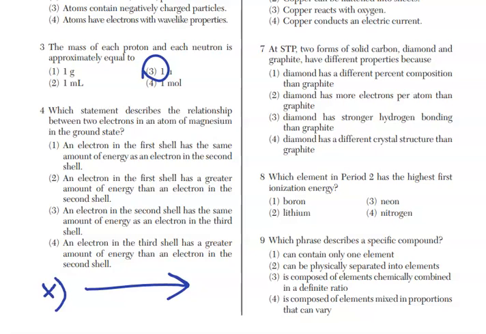And when you read through all of these, the answer is going to be choice 4, and that's because it says an electron in the 3rd shell, meaning further away from the nucleus, has a greater amount of energy than an electron in the 2nd shell, which is true. All the other ones work opposite. So choice 1, choice 2, and choice 3 are saying the opposite of choice 4. And again, the further away electrons are from the nucleus, the more energy they possess.